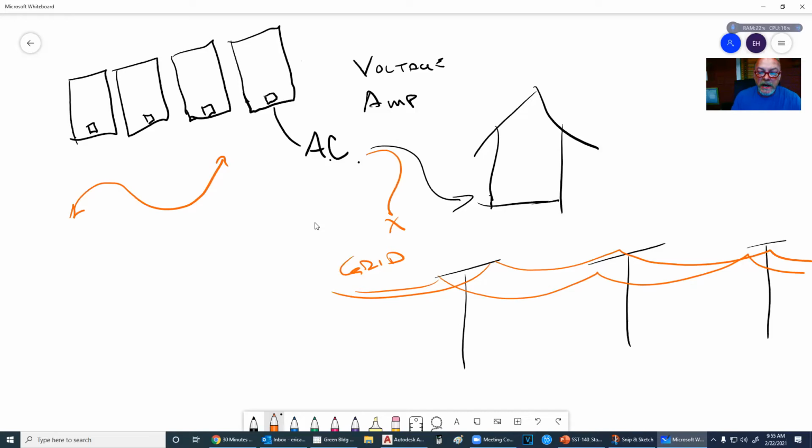All right, so the grid is guaranteed to be equal to or greater than 110 volts, but equal to or less than 120 volts.